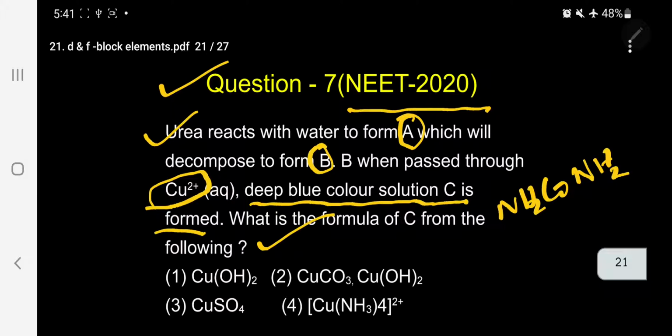What is the formula of C from the following? Option A, copper hydroxide; B, copper carbonate copper hydroxide; C, copper sulfate; and D, the complex that is formed.